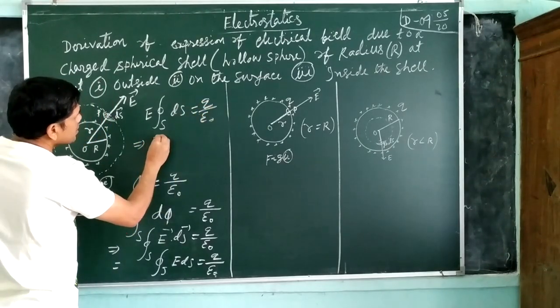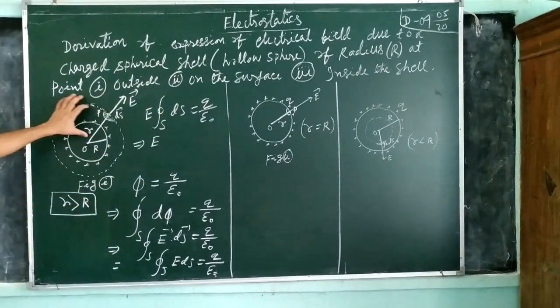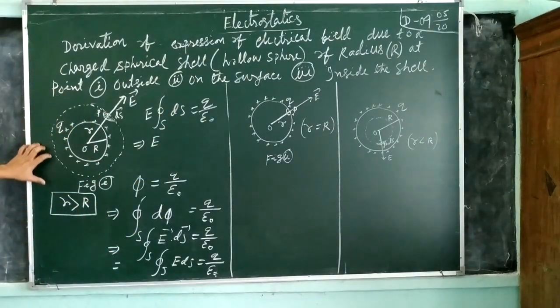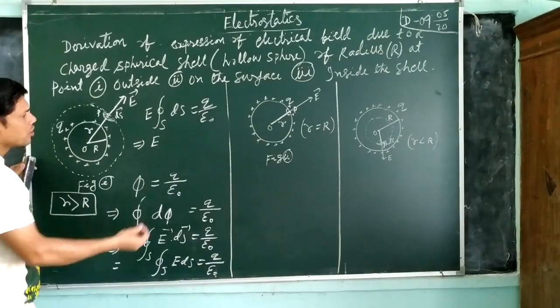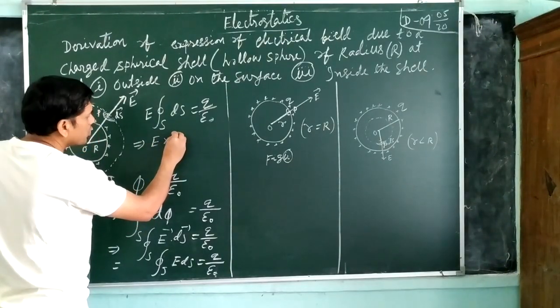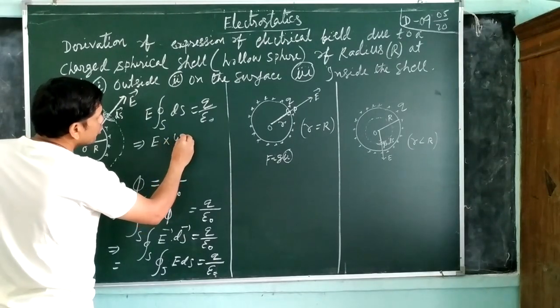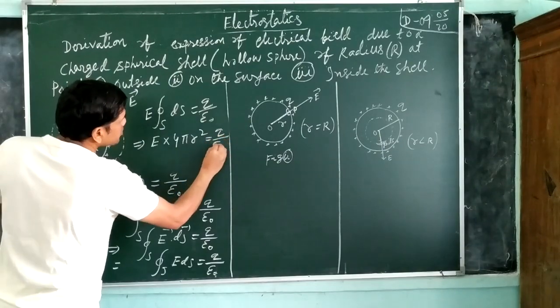Now, closed surface integration of ds means the total surface area of this dotted surface or Gaussian surface, whose radius is small r. So the total surface area of a sphere of radius small r gives E into 4 pi r square equals Q by epsilon naught.